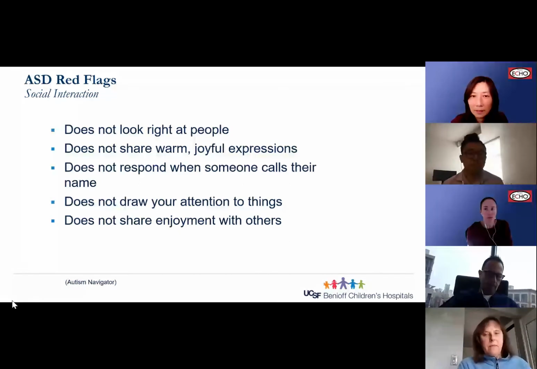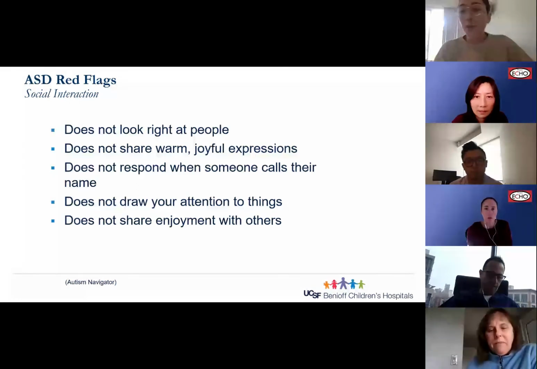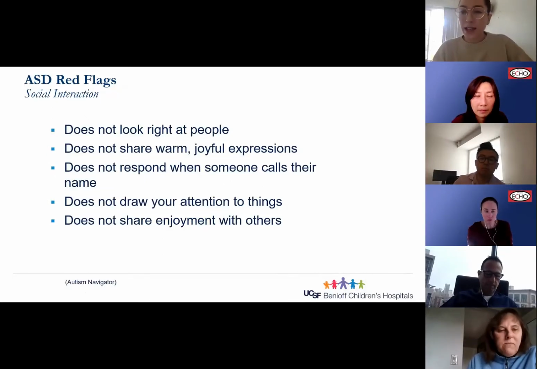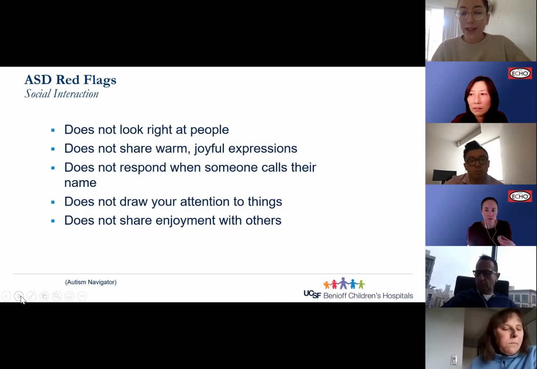Parent is smiling. Are they smiling back? Are they not responding when their name is being called? Are they not initiating, not bringing, let's say, a toy that they're clearly interested in, to get a parent interested and to get a parent to play with them? And are they not having those moments that they enjoy with others?